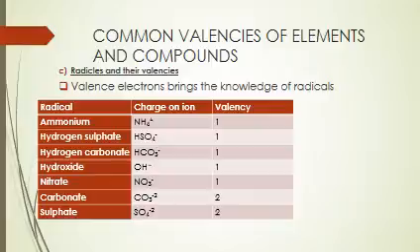Nitrogen is in group 5, so it has a valence of negative 3. Hydrogen has a valence of positive 1.